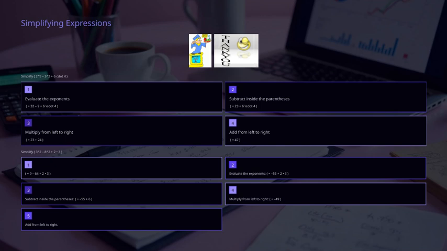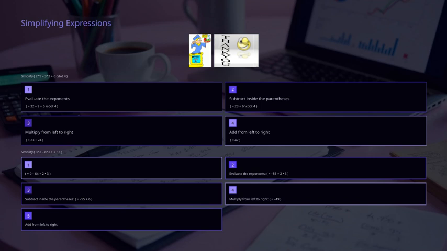That gives us 32 minus 9 plus 6 times 4. Next, we perform the multiplication, so 6 times 4 equals 24. Now, our expression is 32 minus 9 plus 24. Then, we subtract 9 from 32, which gives us 23. Finally, we add 23 plus 24 to get 47.